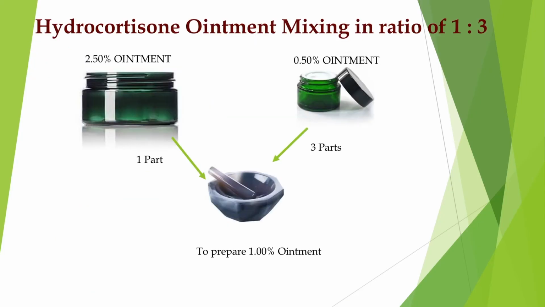As we have already calculated, we have to mix the two ointments, that is 2.5% and 0.5% ointment, in a ratio of 1:3. So we have to take one part of 2.5% ointment and three parts of 0.5% ointment to prepare 1% ointment.